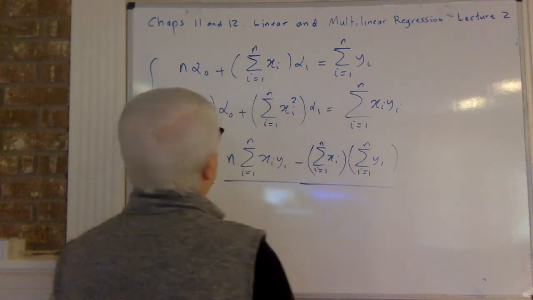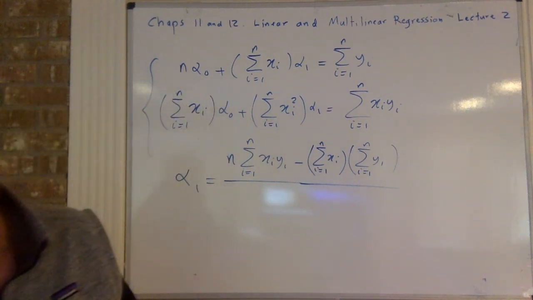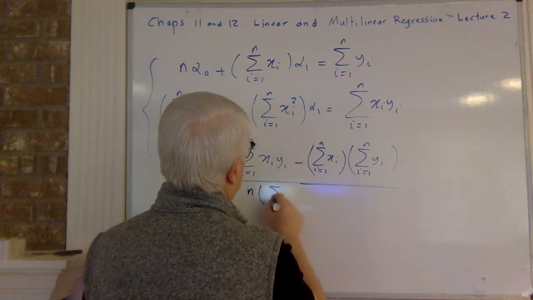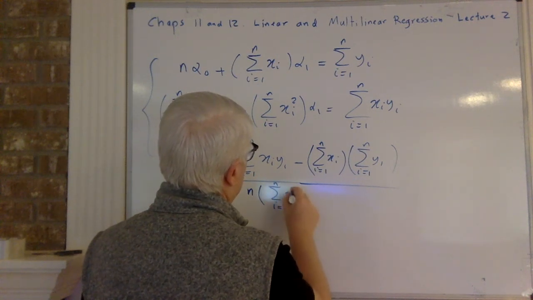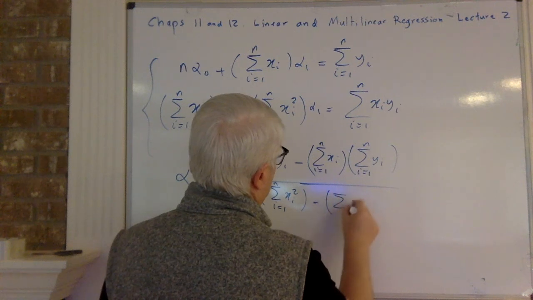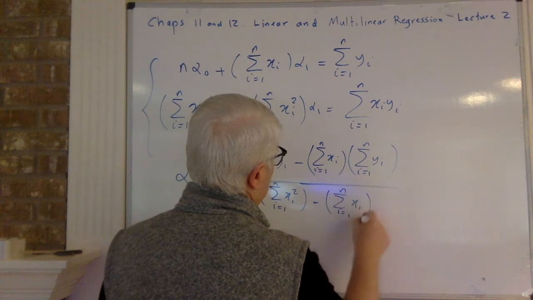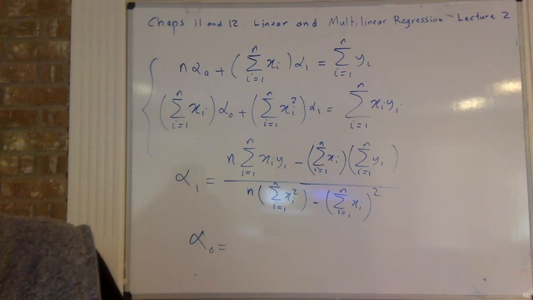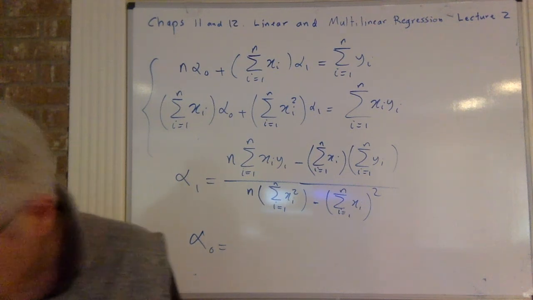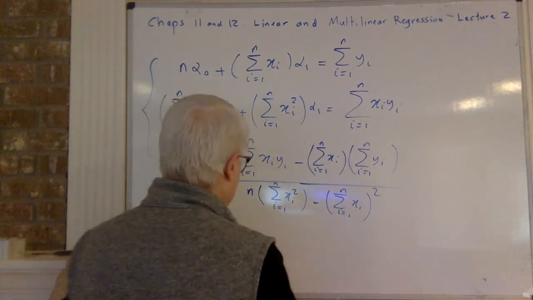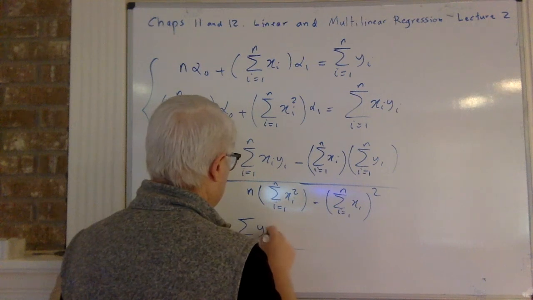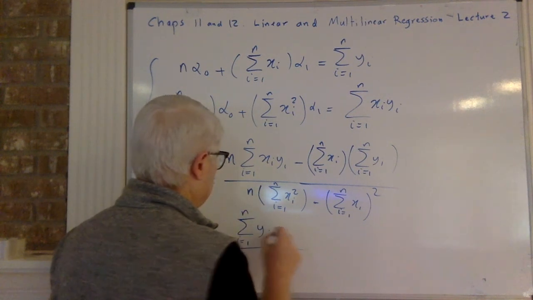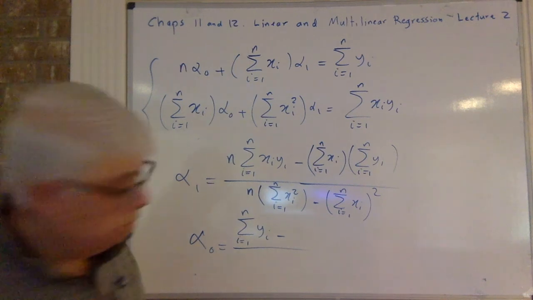And over n, whoop, n. And alpha 0 will be minus alpha 1.